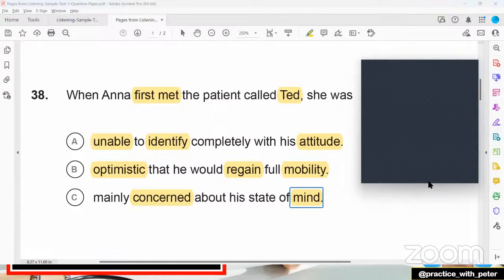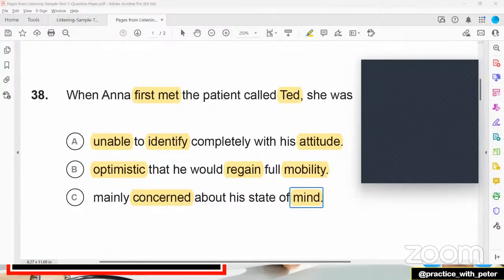Completely, absolutely. Identify, assess. Yeah. The next one is attitude. Maybe behavior, personality.